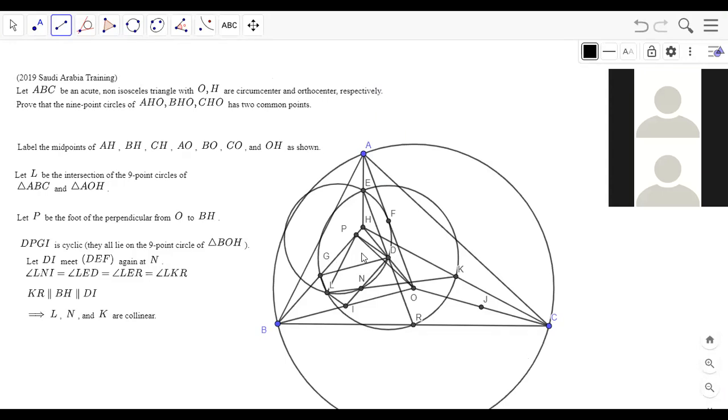So we wanted to show that IL is parallel to DP. So what was my idea here?